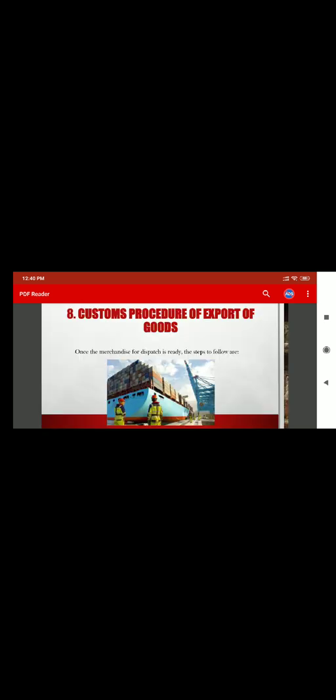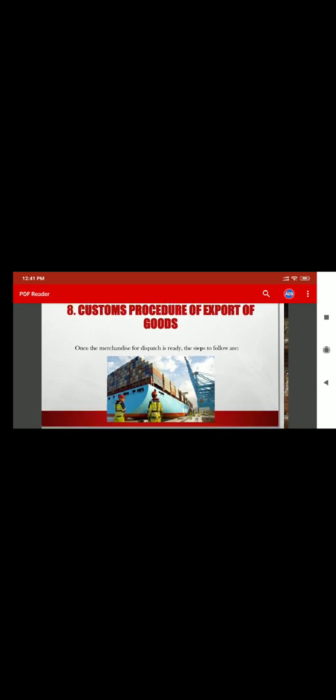The computer system of the DIAN throws 3 options. The first option is the physical inspection, a physical revision of the merchandise. The second one is the documentary inspection, a document review, and the automatic inspection, where the computer system gives the number of the export declaration. According to what was declared and contained in the export supporting documents, the customs authorizes the shipment.